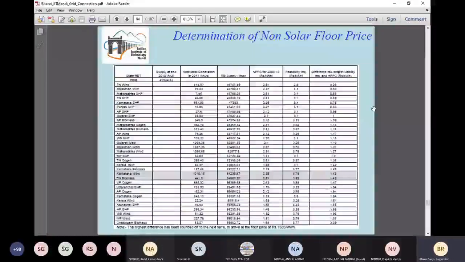Now see, the very interesting thing is on the right-hand side of the table. The last column is the difference between the project viability and the APPC. It means the difference of the sixth and fifth columns is listed in this last column.